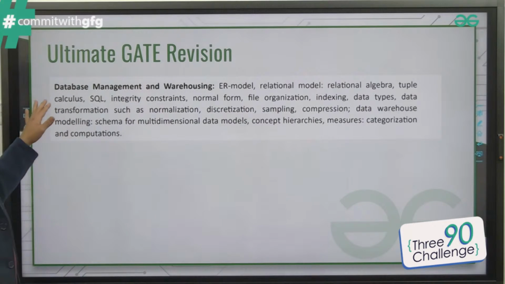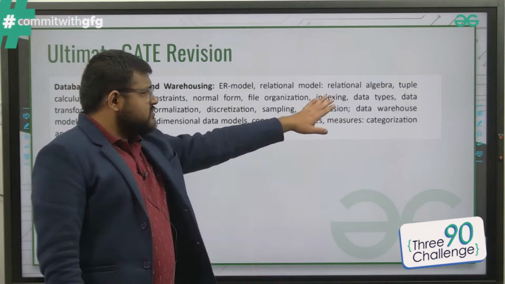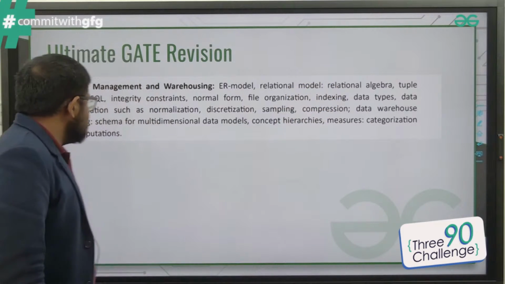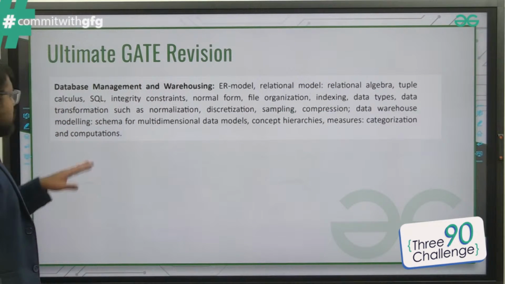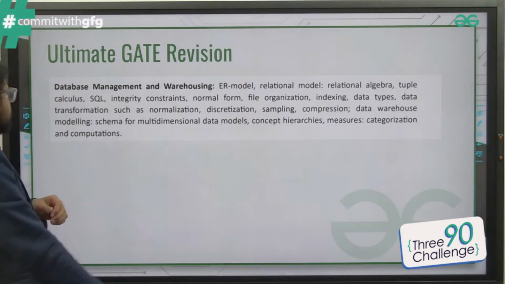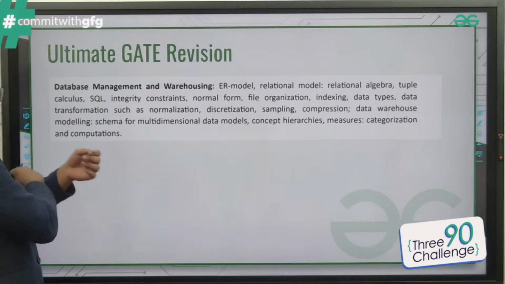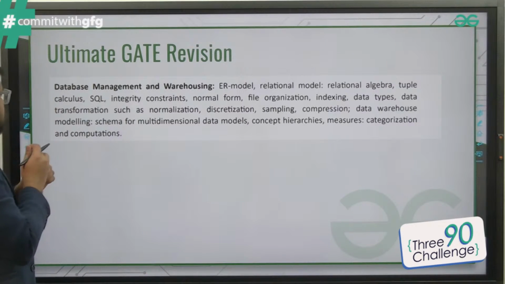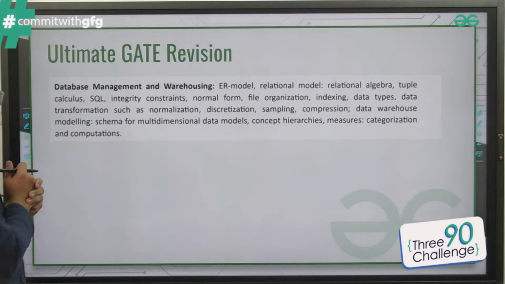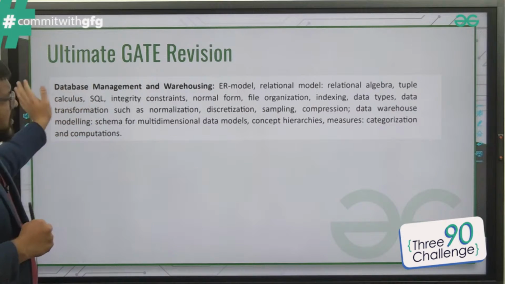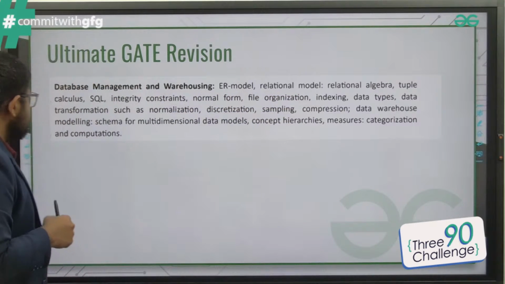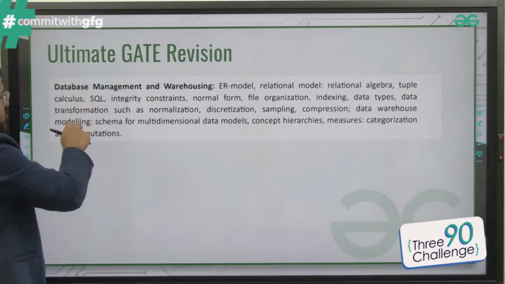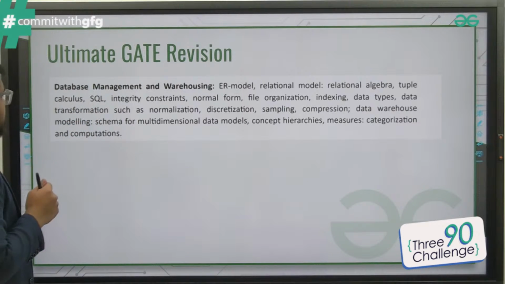Then you have tuple relational calculus, again one more mathematical thing, but relational algebra is procedural, whereas tuple relational calculus is declarative. Then we have SQL, structured query language, used in most of the softwares, where you can run the SQL queries to get the data. So relational algebra and tuple relational calculus are the theoretical portion. You can say SQL is the practical implementation of that.